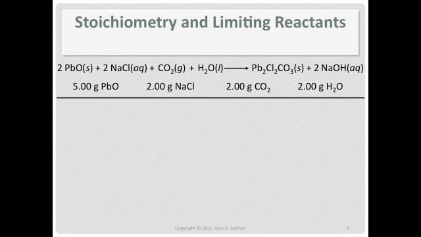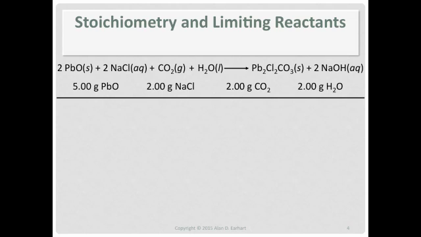This is the reaction that produces phosgenite. It's lead 2 oxide reacting with saline solution, ocean water, sodium chloride, carbon dioxide, and water all together to make the phosgenite. What if you have more than two reactants? What do you do? Well, this problem gets really complicated really fast using the limiting reactant comparison method.